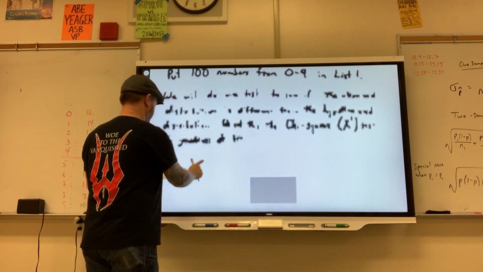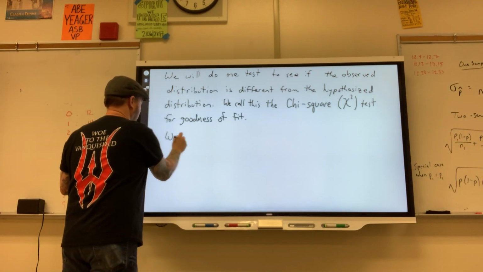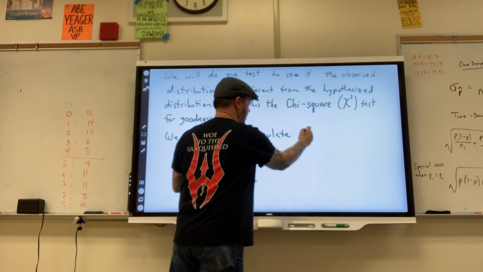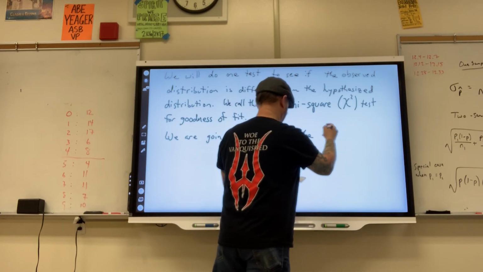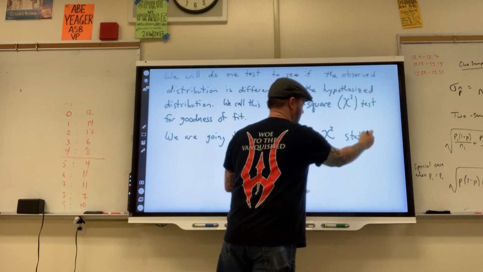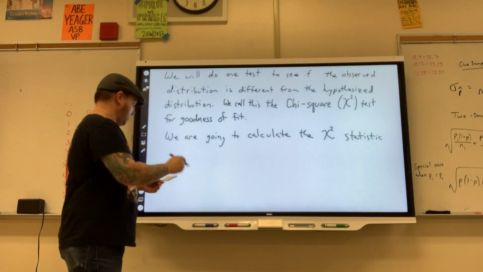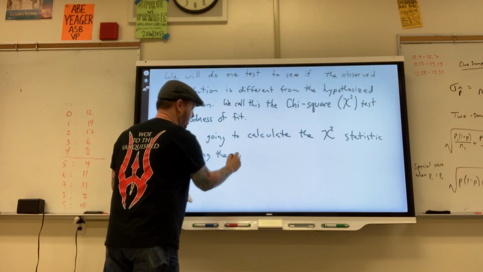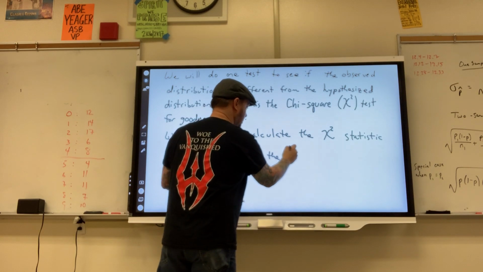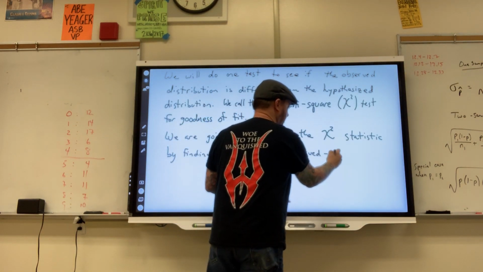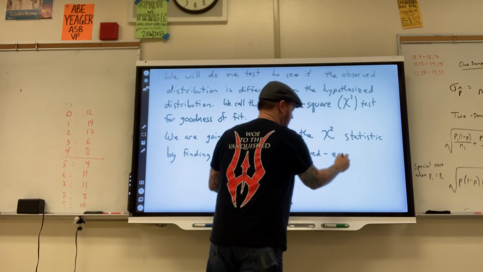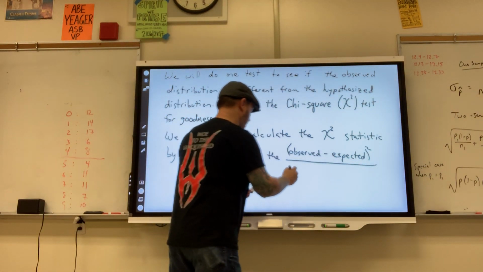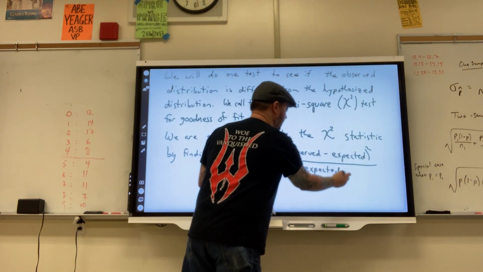Okay, so we're going to calculate the chi-square statistic by finding the sum of the observed minus expected counts squared over the expected.